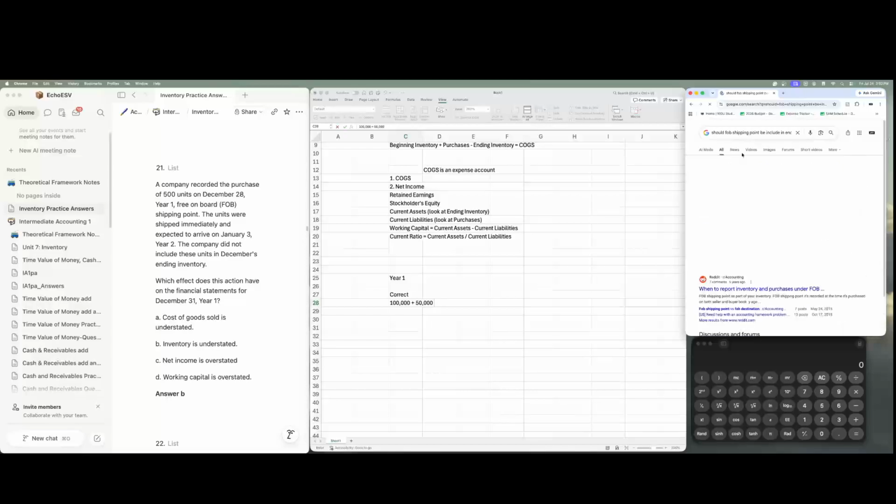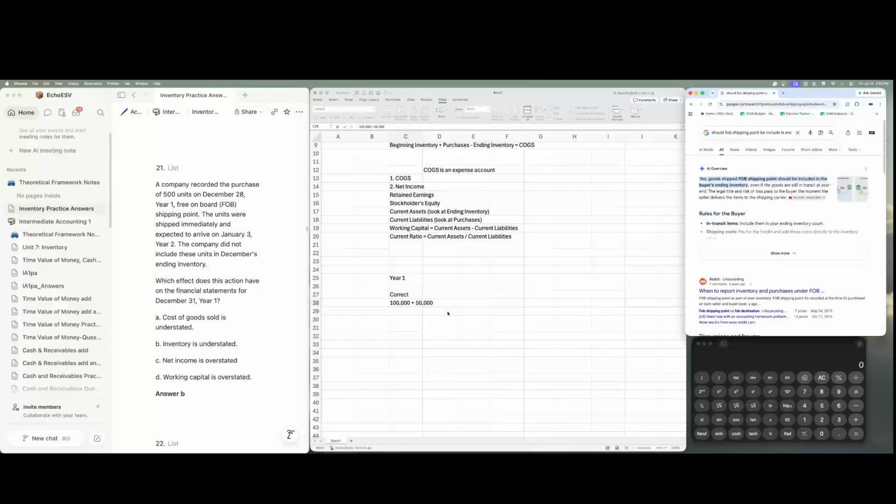Should the FOB be included in inventory? Okay, so FOB should be included in inventory, but it wasn't. So what should have happened, they did record the purchases correctly, but they didn't include it in the ending inventory, but they should have.